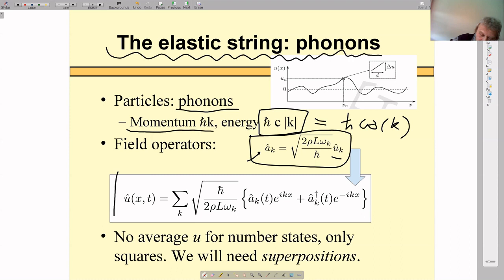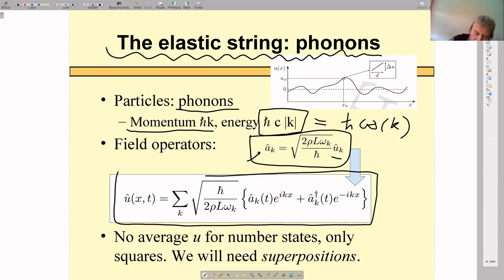With this, I have the following. Now I have an operator of the field which depends on a point in one dimension and on time. And it expresses the field in terms of creation and annihilation operators.